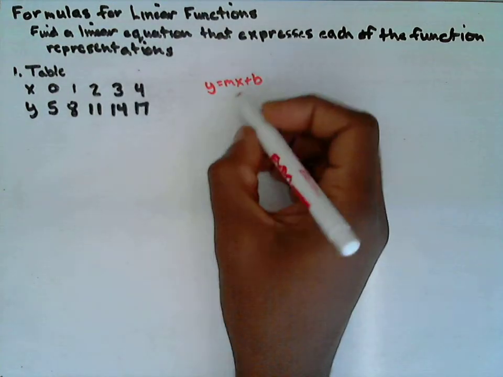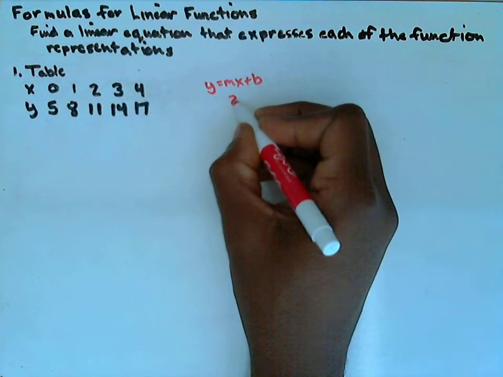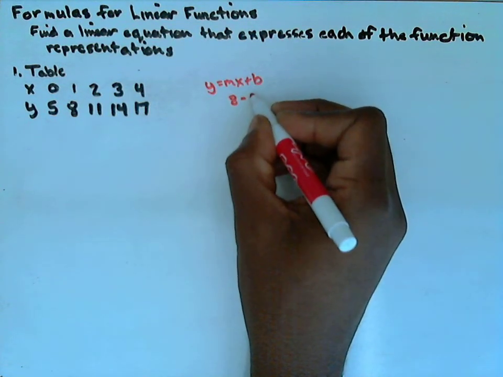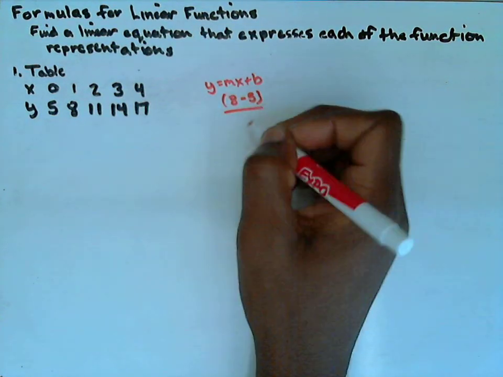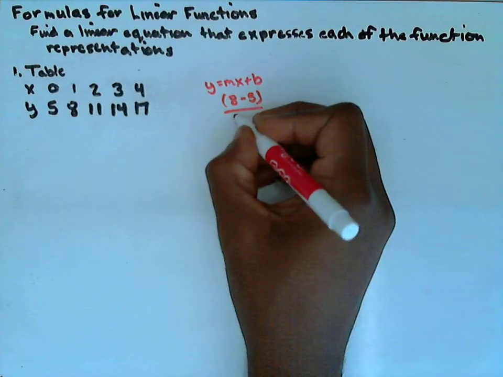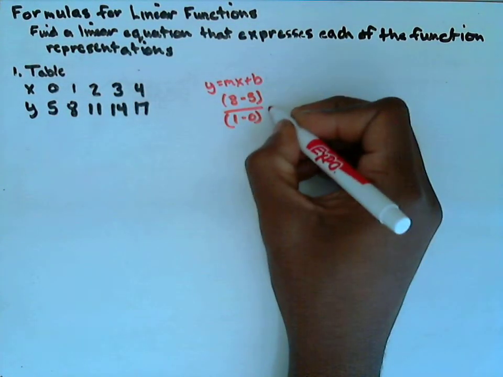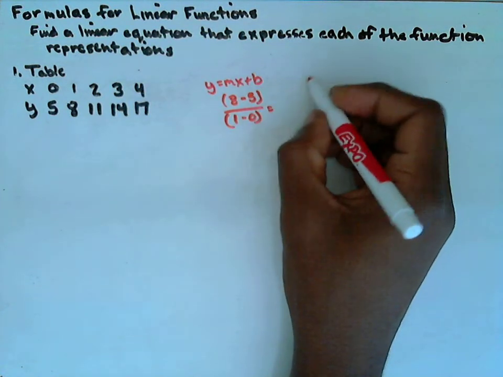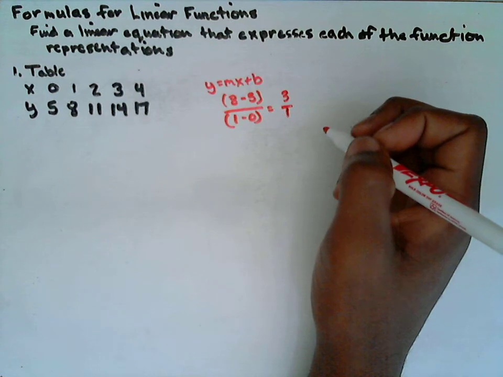We take the first 2 points, and we have our second point of 8 minus 5, so those are our outputs, our rise, over our run, which is 1 minus 0. Now when we do this, we'll get 3 over 1, or a slope of 3.